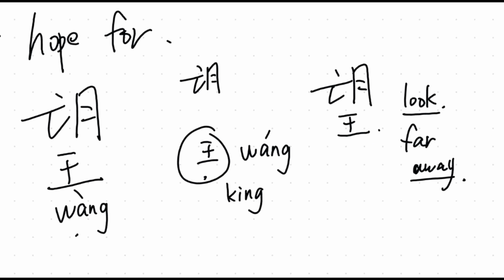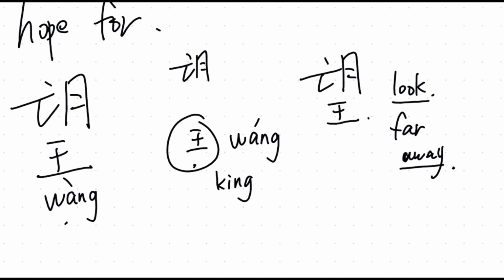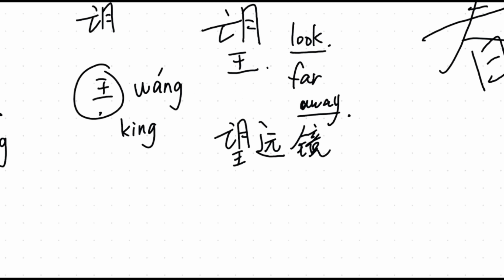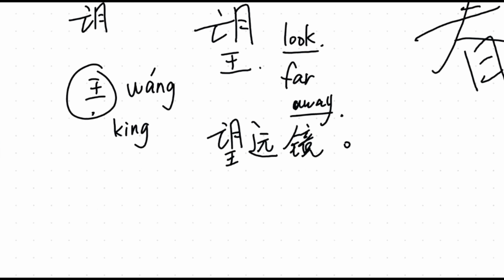For example, it has a word called binoculars, like those, this thing, to look far away. 望远. We learned this at the first poem, if you still remember.